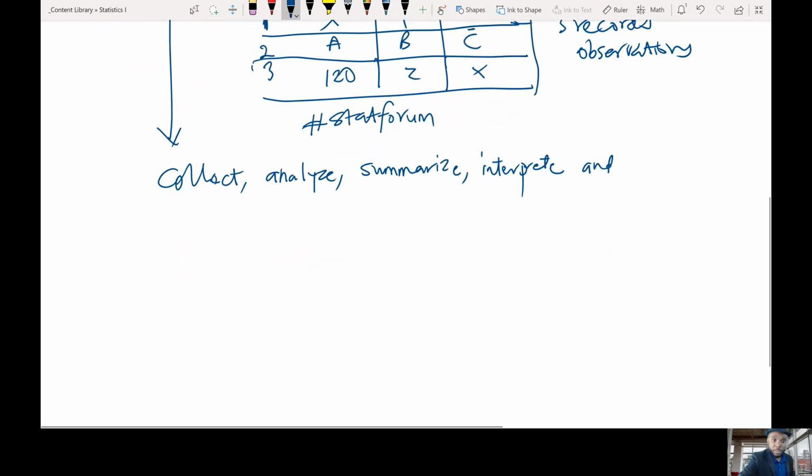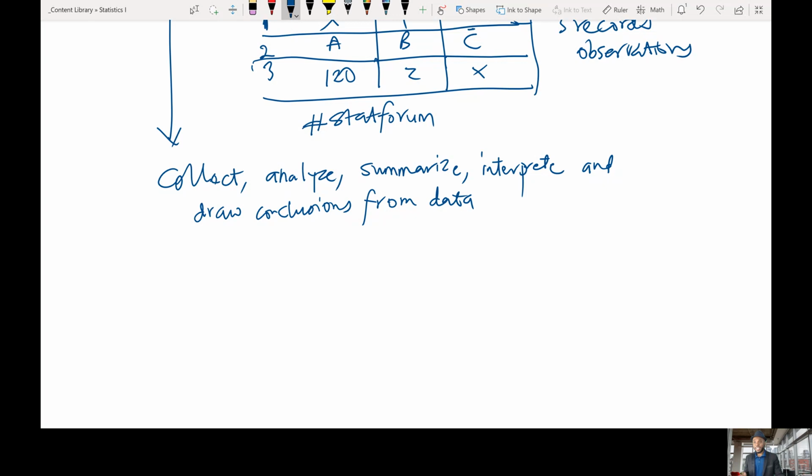We draw conclusions. So we draw conclusions from data. So we can say that statistics is the science of collecting, analyzing, summarizing, interpreting, and drawing conclusions from data. Yes, statistics is a science. That could be a definition.